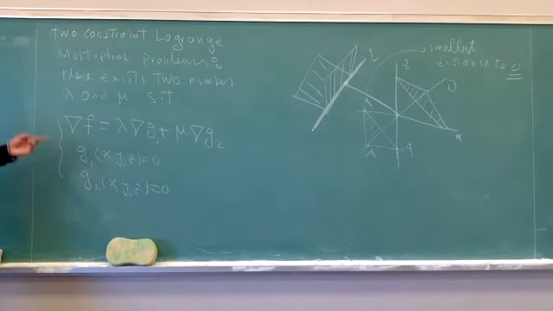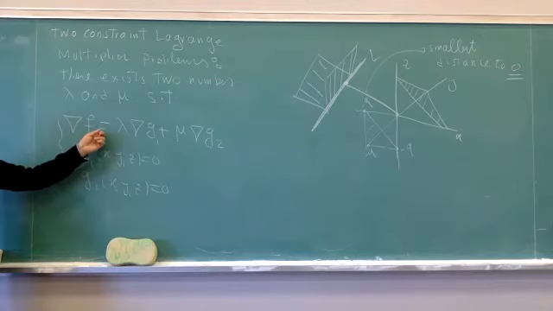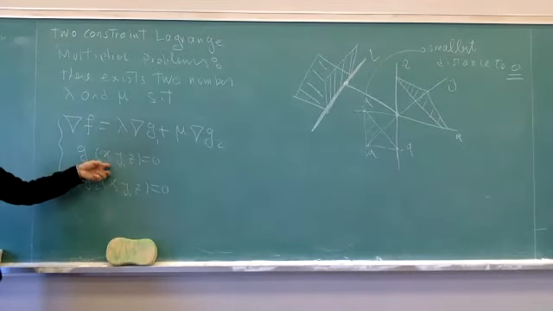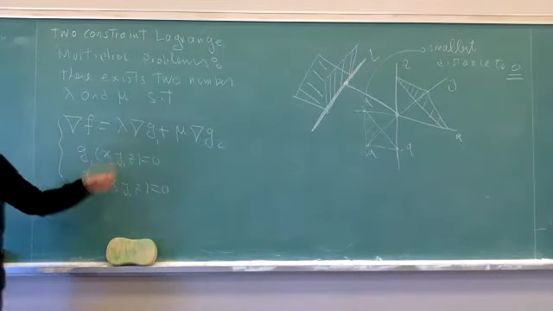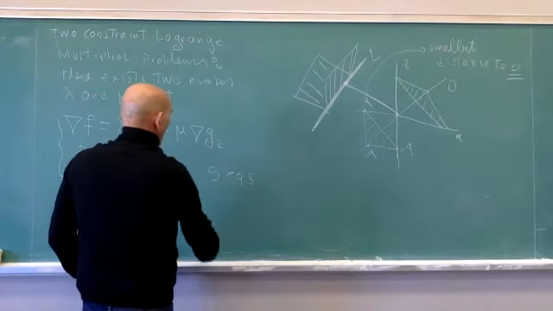How many equations and how many unknowns do we have here now? Let's do a count. How many equations are hidden in the first one? 3 equations, because it's a gradient of a 3-variable function. So there are 3 equations here, and 2 equations here, so we have 5 equations. How many unknowns?